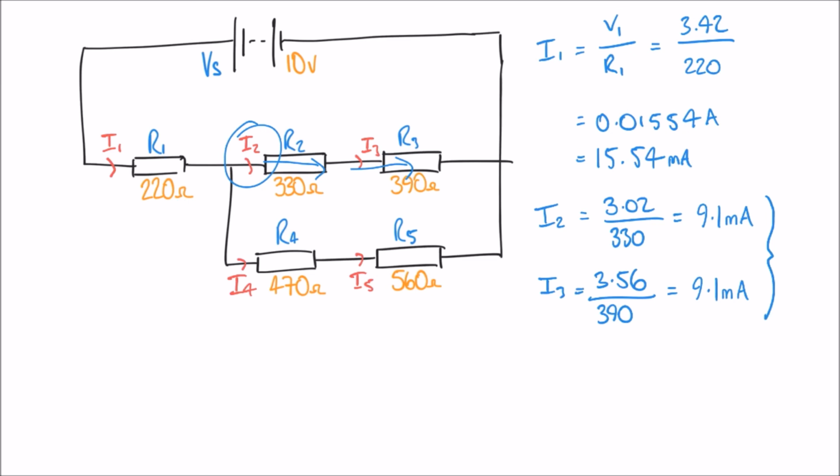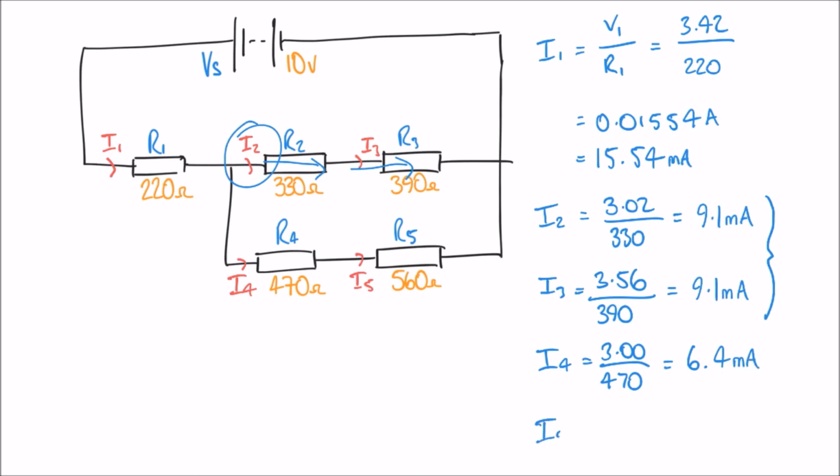Finally, we'll work out I4 and I5, and again I would expect them to be the same, but let's just make sure. So I4 is V4, which we calculated on the previous slide to be 3 volts, divided by R4, which is 470, and this gives me an answer of 0.0064 amps, or better yet, 6.4 milliamps.